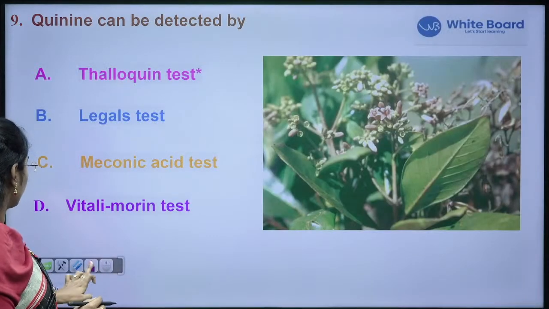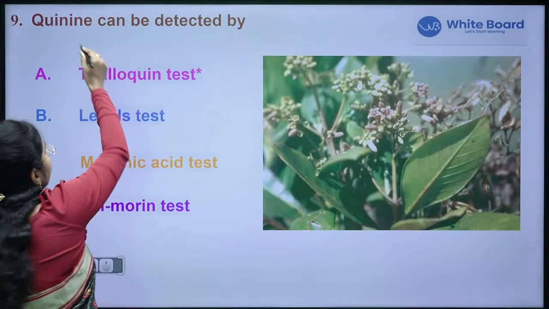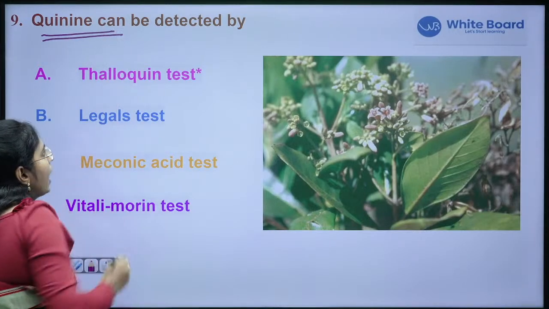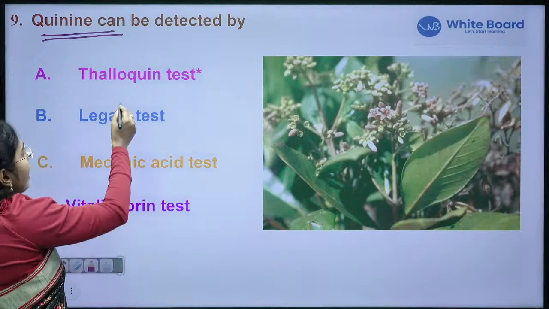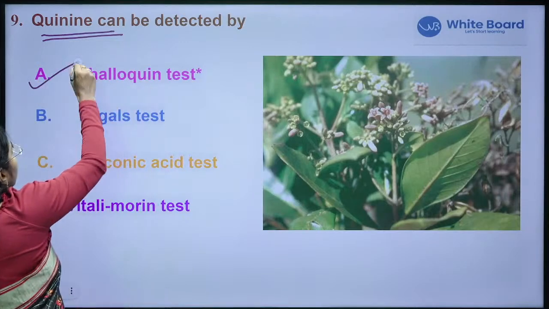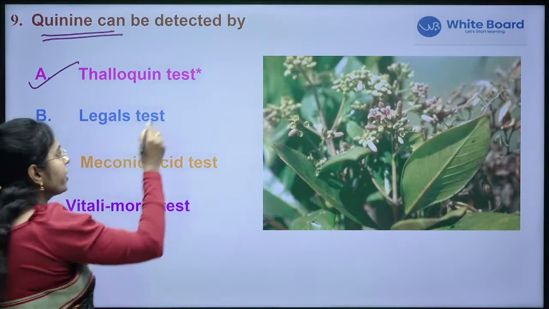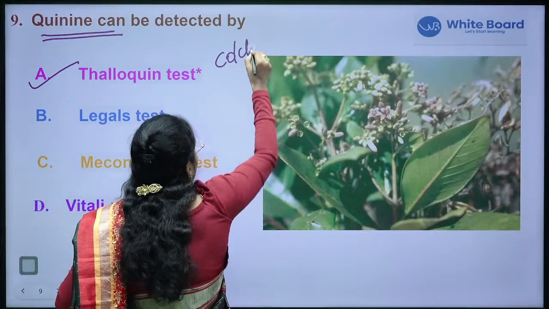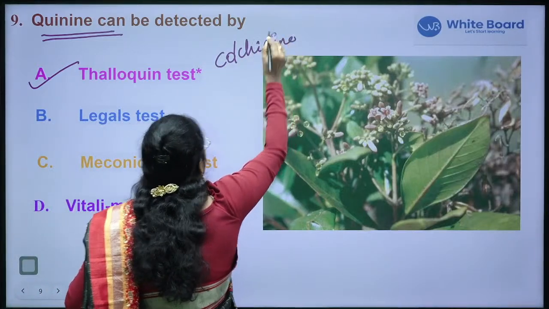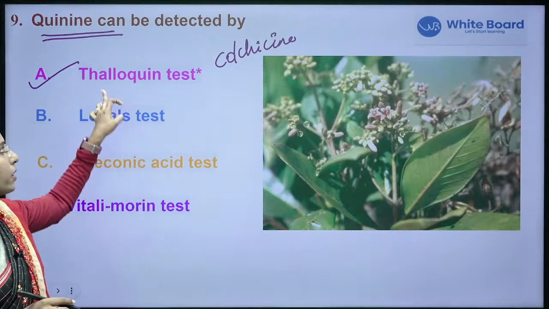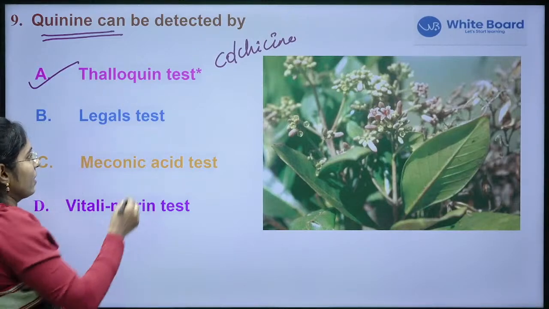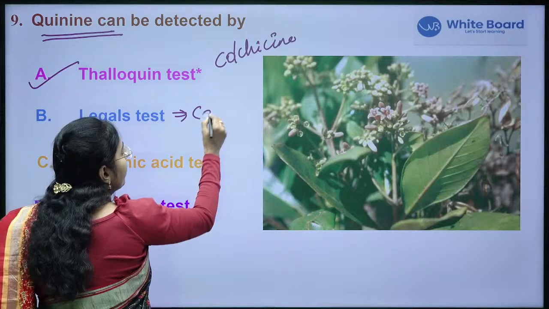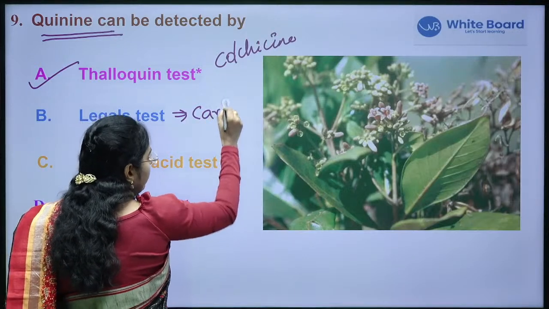Coming to the next question, quinine can be detected by the thalleoquin test. Quinine and colchicine can be detected by this thalleoquin test. Legal's test is used for detecting cardiac glycosides.